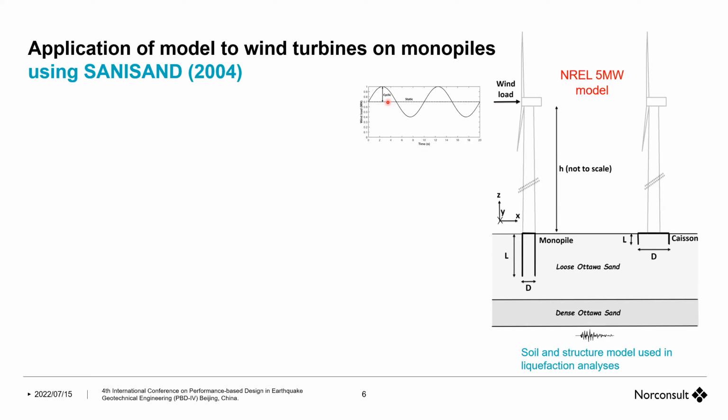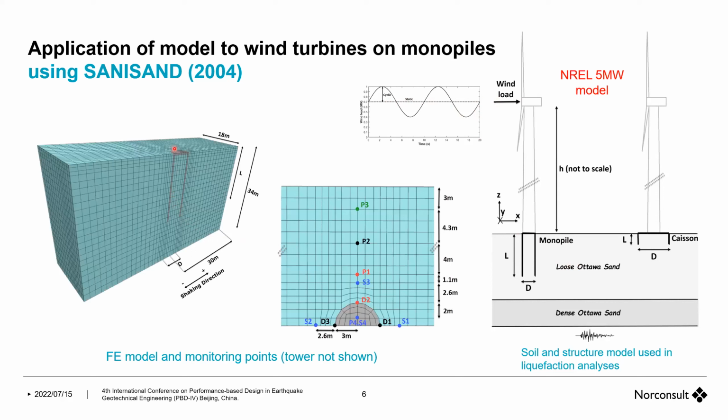A typical wind load was applied. The soil is liquefiable, the same as used in the centrifuge box. This is the model in FLAC 3D with the Sanisand 2004 model, not the further developments. Points inside and outside of the monopile were used to monitor the response.